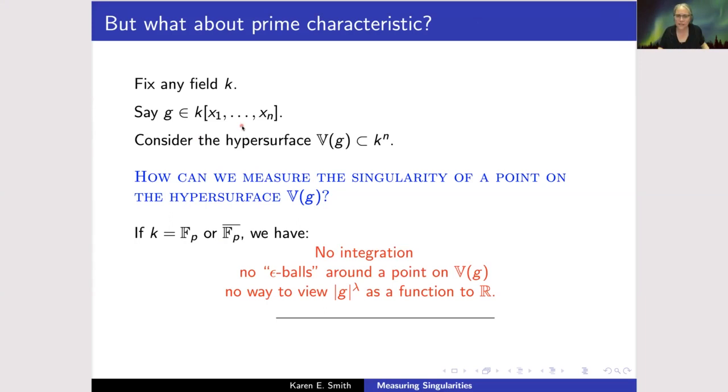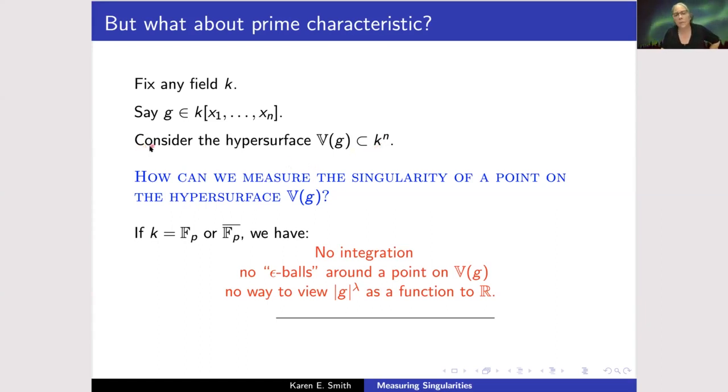And when I look at its zero set, I'll get a hypersurface in Kn, instead of in Cn now. And we can talk about the singularities or smoothness of points on a hypersurface over any field. We talked a little bit about how to do that yesterday.